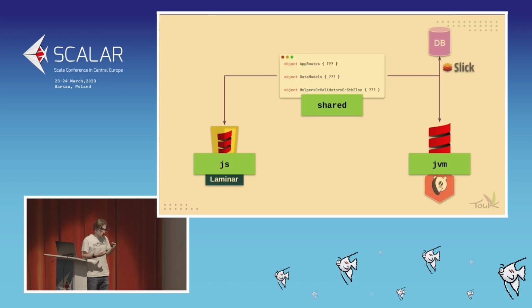Well, what we can achieve with Laminar, Scala.js, Tapir, cross-project, or Slick, which I never mentioned before, but you get the point from the picture, is that we can use one place to define all that is important in our application. Of course, you can put some of these data models you do not want to share between the front end and the back end elsewhere.